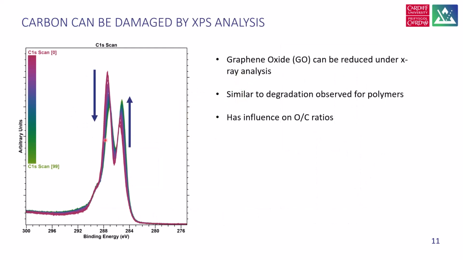I just want to point out, we think carbon has been pretty inert perhaps. But what we can do is, depending on the type of graphitic material that you're looking at, they can actually be damaged by your analysis. So for example, let's take graphene oxide. So this is a commercial graphene oxide.